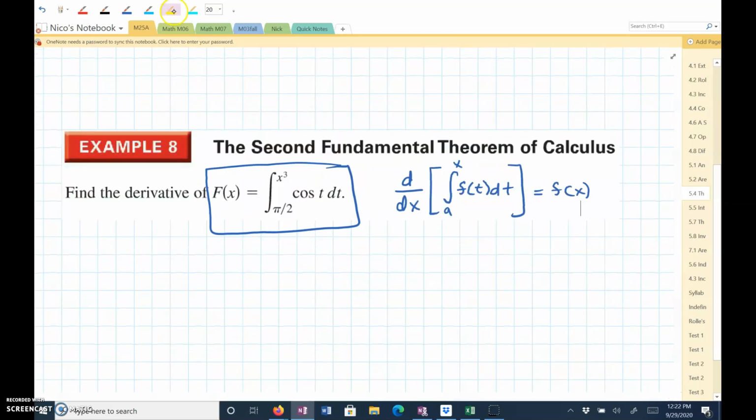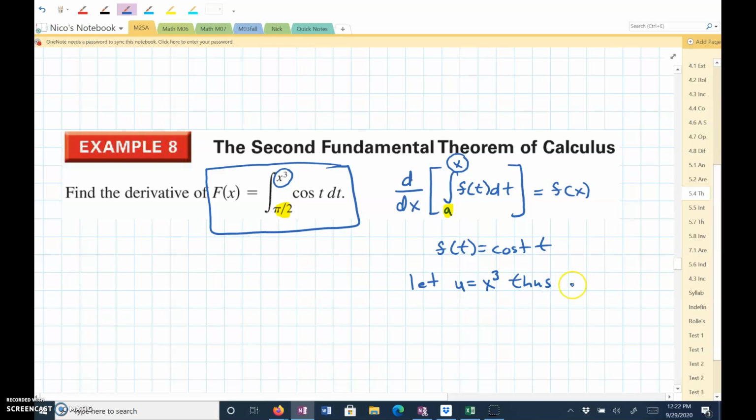So we have the lower limit, that's a constant, but notice that the upper limit is x cubed. So that's going to be a problem. We do have f of t equal to the cosine of t. So the first thing we have to do is let u equal x cubed.